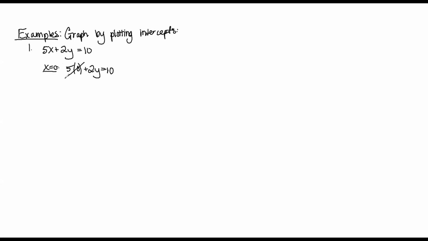And so we don't care about this term anymore. So I'm just going to cross that one out, and we're left with 2y equals 10. Divide both sides by 2, and we get y equals 5, which means that our y-intercept is the point 0, 5.